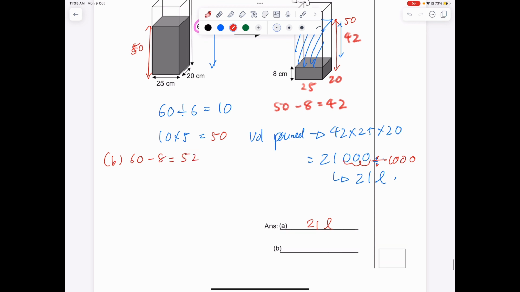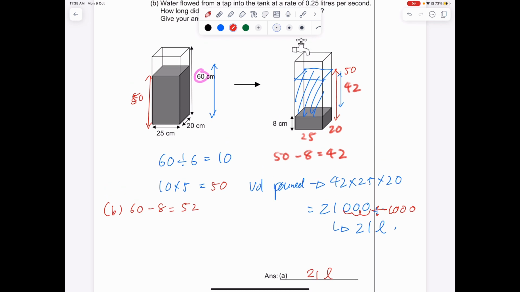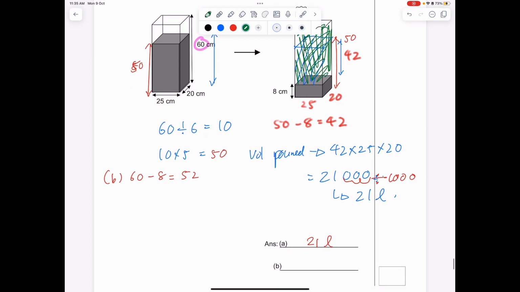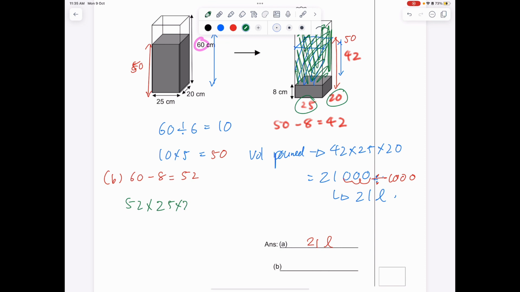So then you need to find out what is this volume of water that is needed all the way to the top, because now they say filled to the brim. Correct? So basically, you will take 52 times 25 times 20. And your answer is 26000 cm cubed. This is volume needed. Okay?